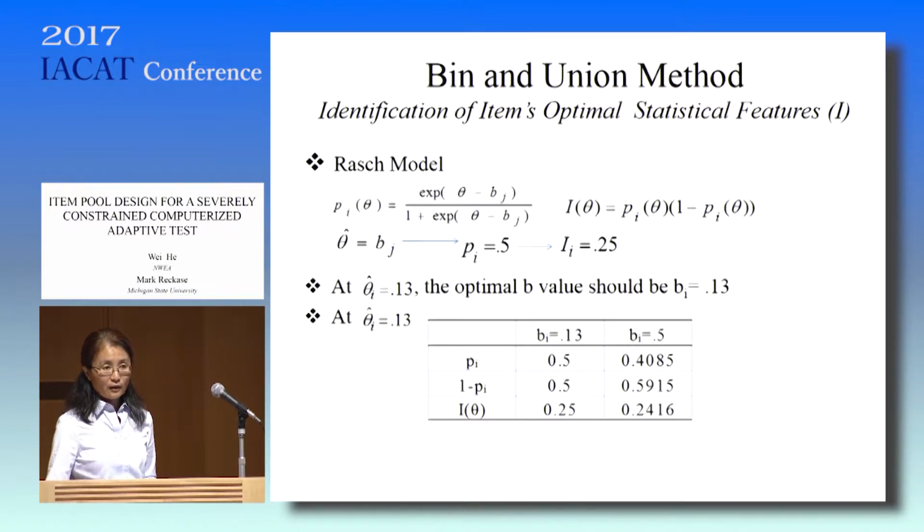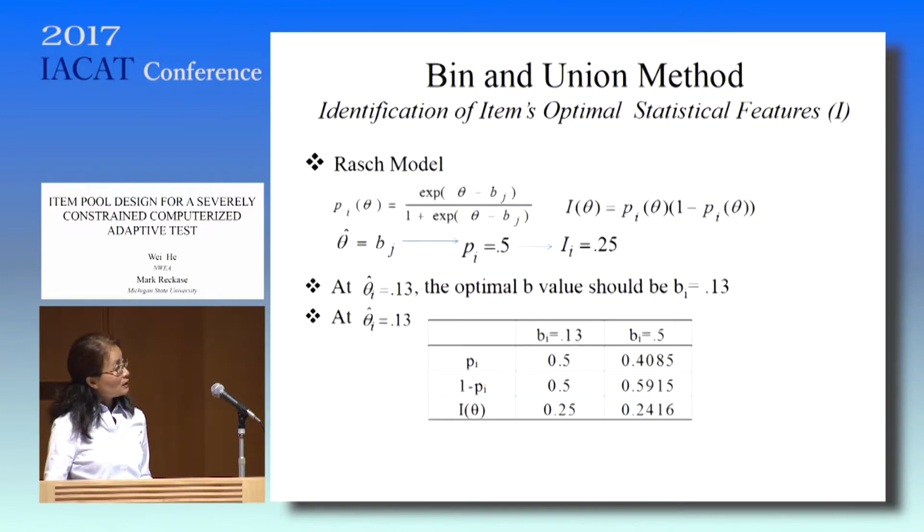0.13. Now, let's see. At a certain stage of the CAT, we get an ability estimate of 0.3. Then we have two items. One has the difficulty of 0.13, and the other has the difficulty of 0.5. We calculate the item information for those two items.